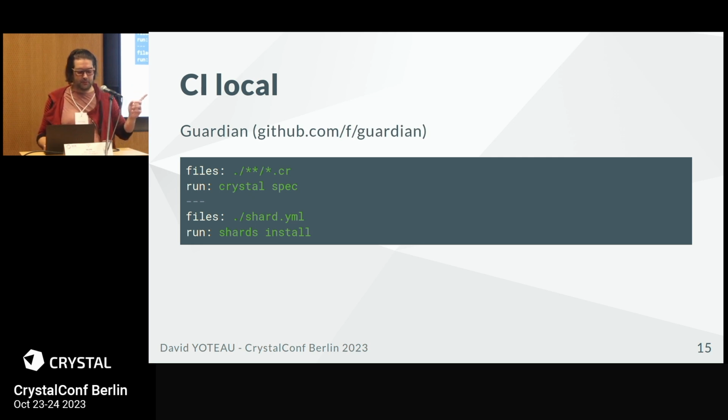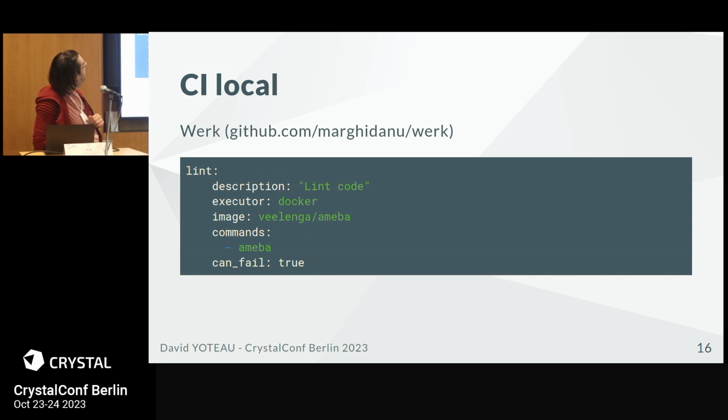It's great to be able to launch a command from a file system event, but I would like to chain the tools I presented and be able to stop the execution when one tool is in error. The solution I use is Work. It's a local CI based on shell executor and Docker executor.